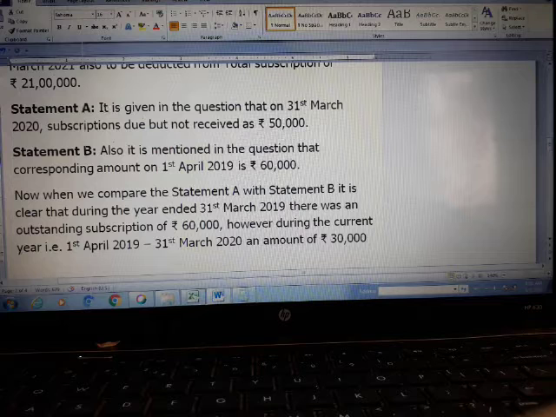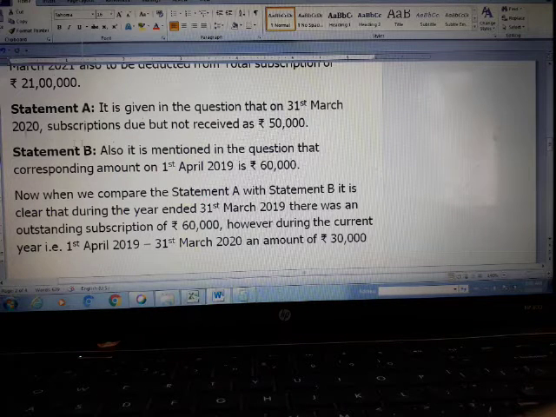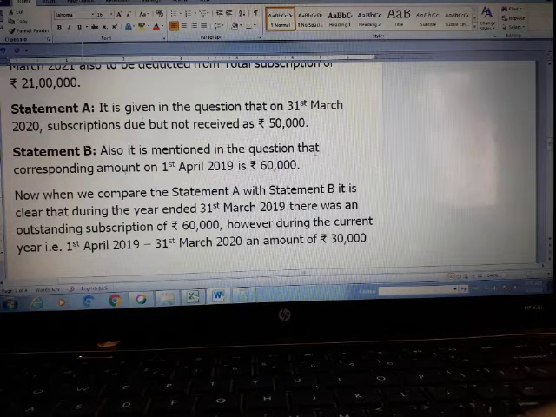Now, if you just look at statement A with statement B, I have given it very clear here. It is given in the question that on 31st of March 2020, subscription due but not received is 50,000. Also, it is mentioned in the question that the corresponding amount on 1st April 2019 is 60,000.